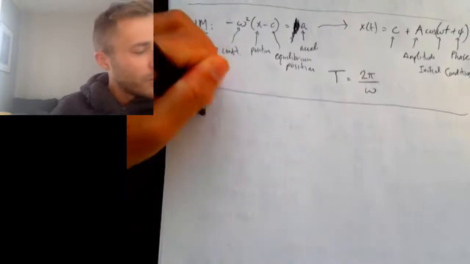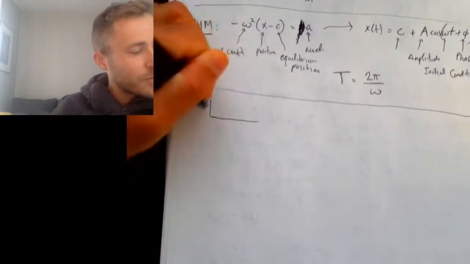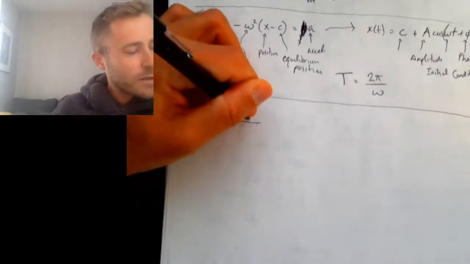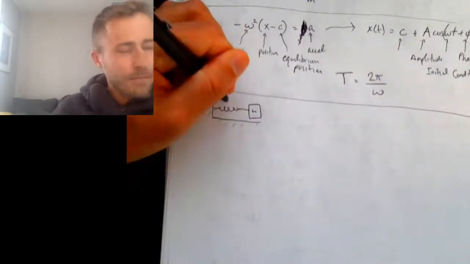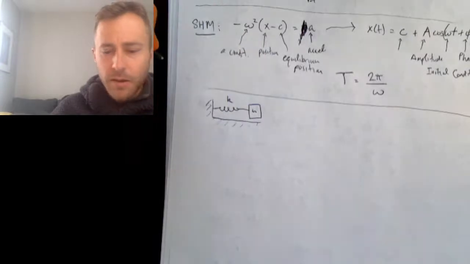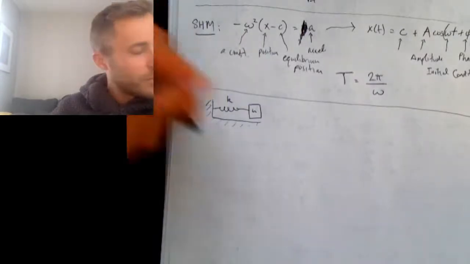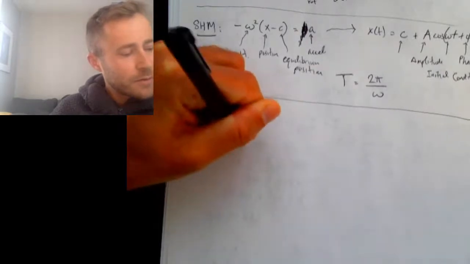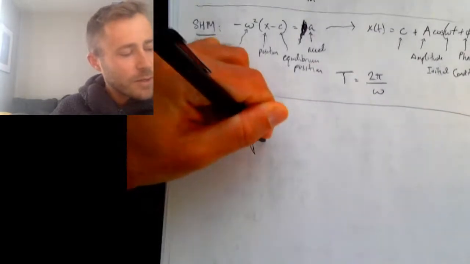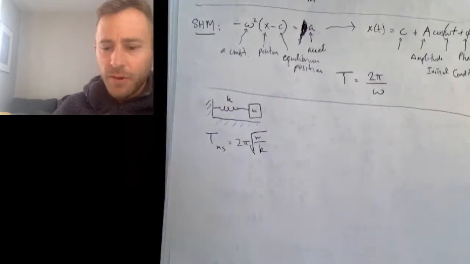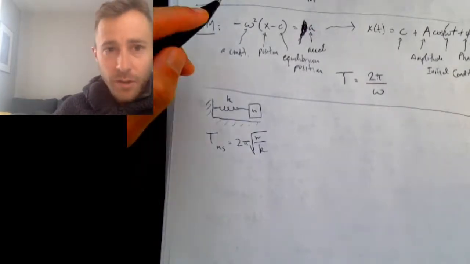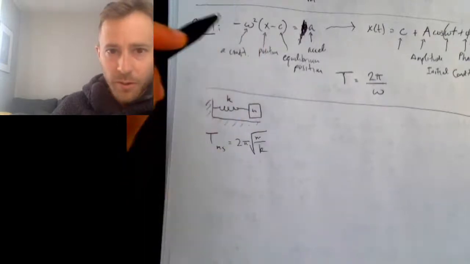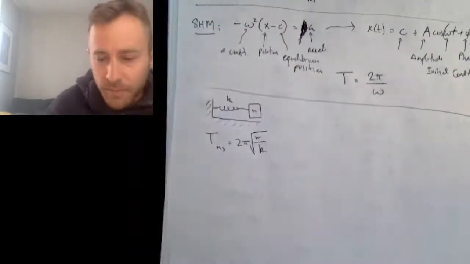We looked at the mass spring system, which is a spring of stiffness k connected to a mass m. For the mass spring system, the period is 2 pi square root of m over k. We derived that from setting up the equation of motion, showing that it had this form, identifying what omega was, and then using this formula.